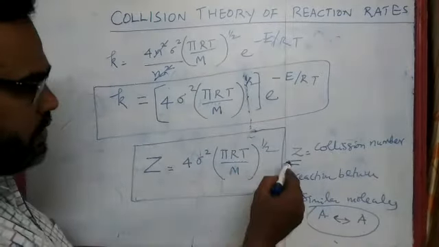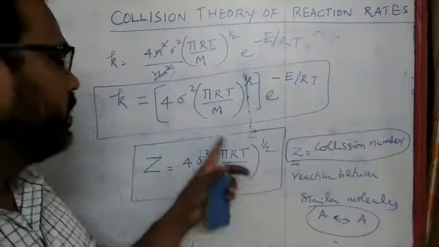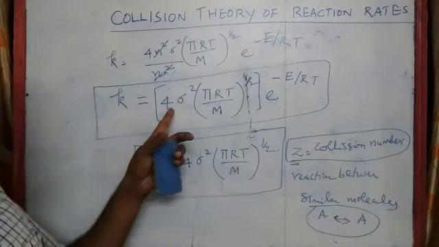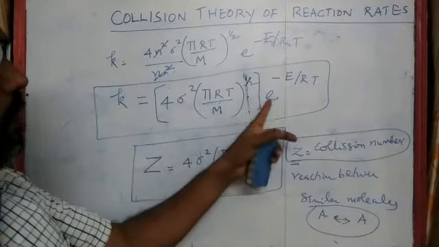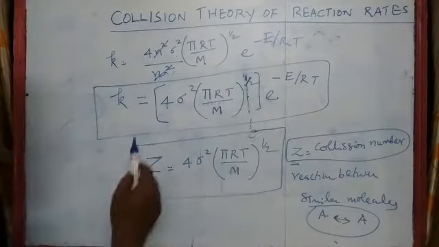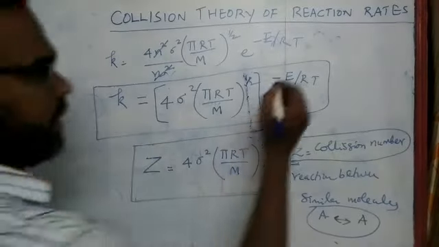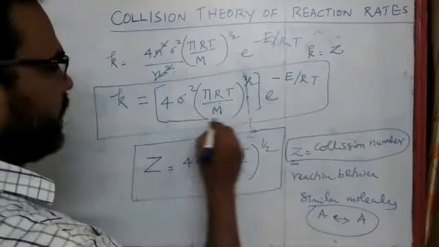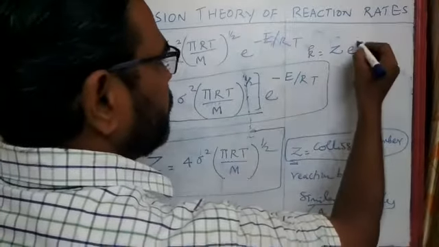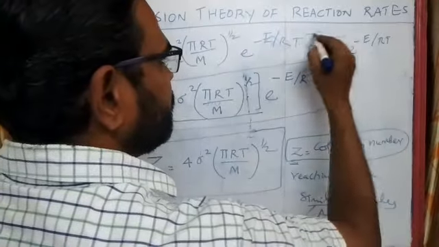So this value is called the collision number. Now rate constant K is equal to 4 sigma squared pi RT by M to the power 1 by 2 e power minus E by RT. So I can now write this equation: K is equal to capital Z, the entire term, into e power minus E by RT.